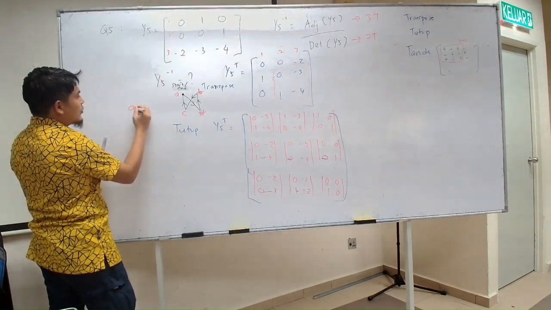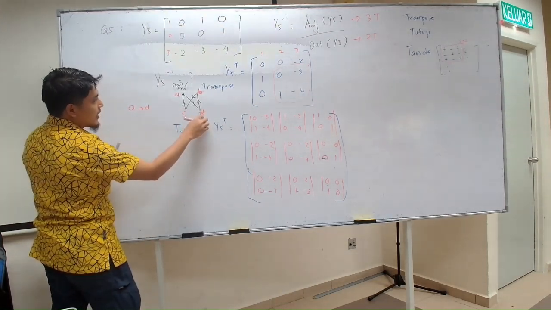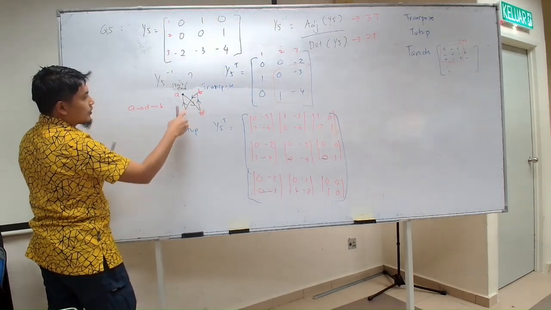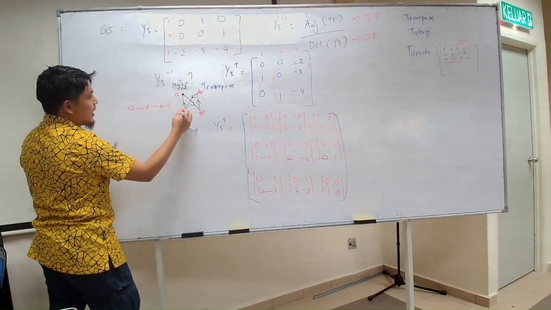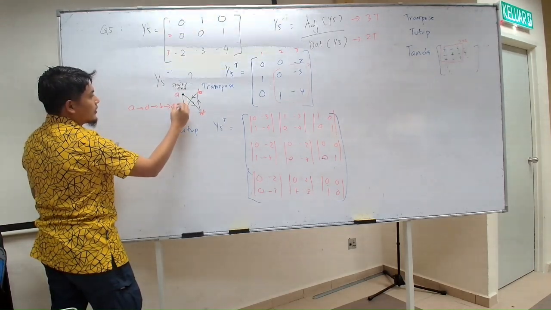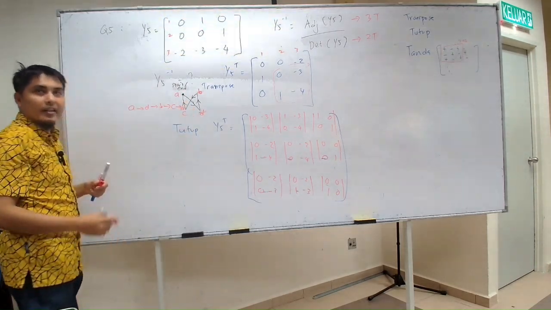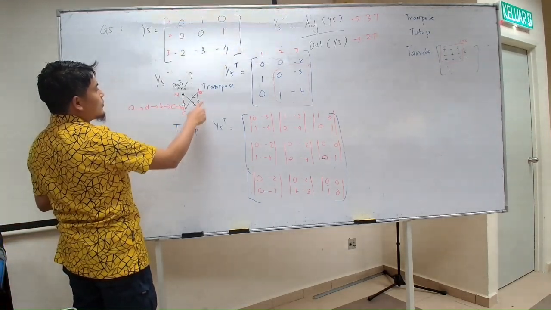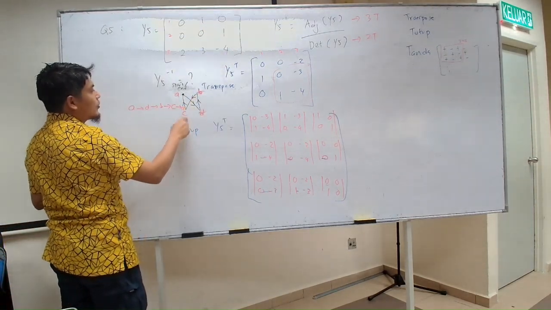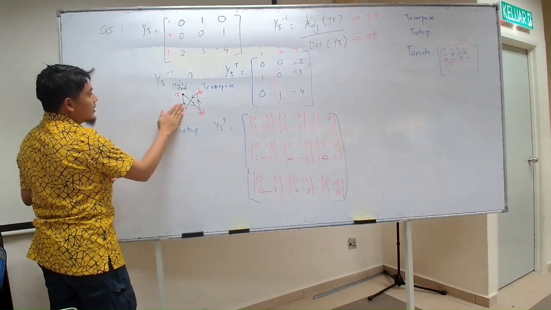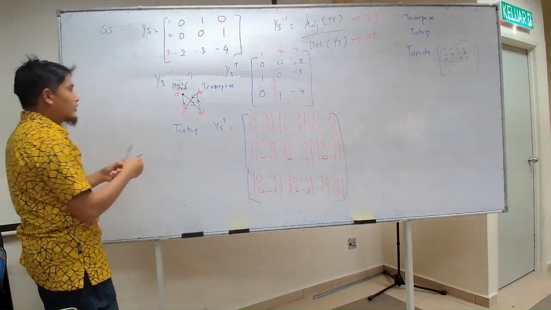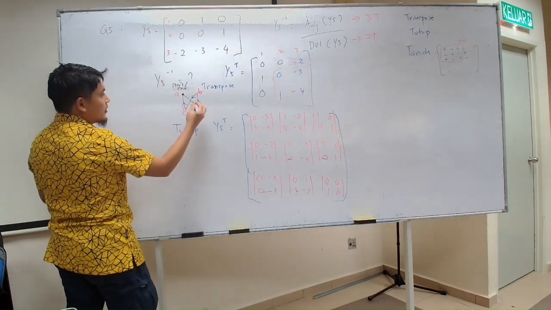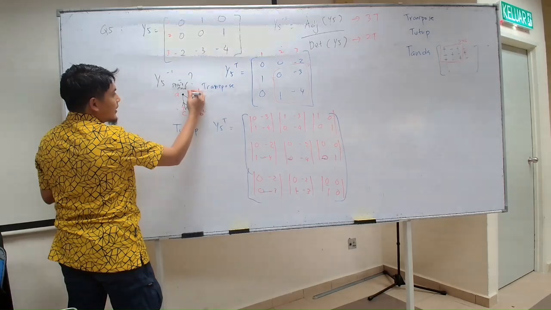From A, it goes to D, and then after that, it goes to B, and then it goes to C, and then it goes to A. So from A go to D, and then go to B, and go to C, and go to A. So this is the flow.